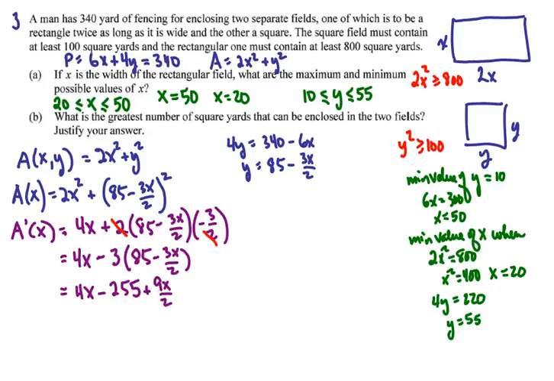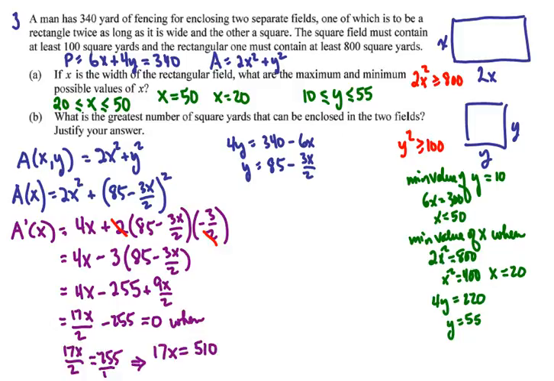Okay, at this point I can multiply it out, and it's a much simpler calculation. 4x minus 255 plus 9x over 2, and that 4x is really 8x over 2. So I have a total of 17x over 2 minus 255. And that will be 0 when 17x over 2 is equal to 255. And that happens when 17x is 510 or when x is equal to 30.